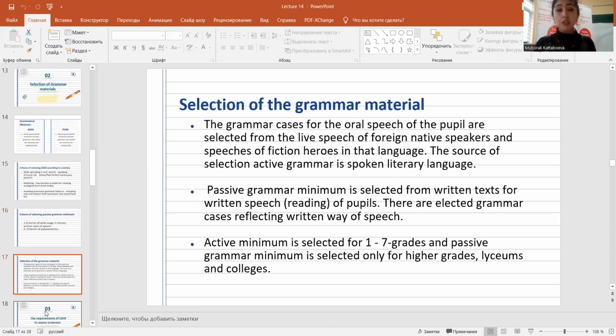written speech. When we are selecting grammar materials to teach, we look at the grammar cases for all our speech of students, and it is really selected from live materials that is really related to our real life everyday situations. The speakers, native speakers, speeches of fictional heroes and book characters, TV show characters, I mean, real life show actors, and everyone's speech.